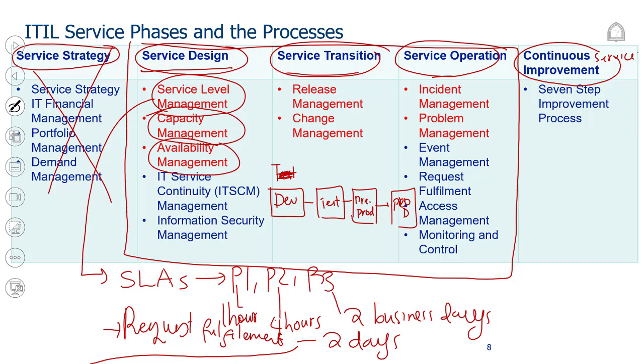So for example, if you're developing software, the developers will be working on the development environment. That is where they'll be building and writing the code. Okay? Then once they finish writing the code, the developers don't do the testing. Okay? They would push it, for example, to the test environment.